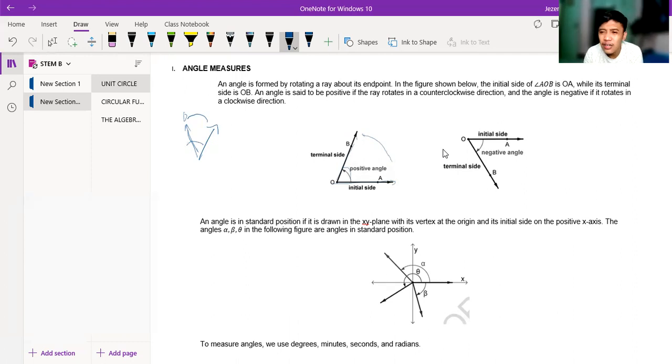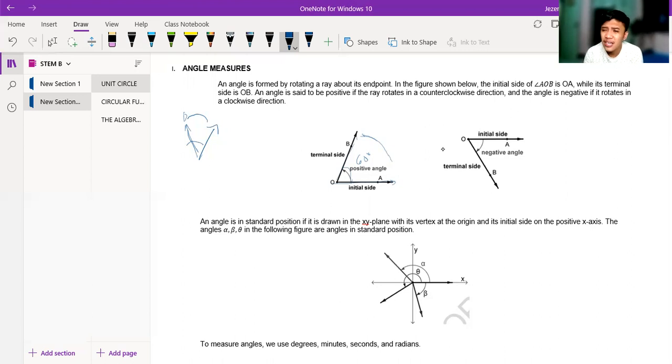Kapag counterclockwise pala, positive yung nagagawa natin. So, ibig sabihin, gumalaw siya counterclockwise, so makukuha natin ay positive angle. Let's say this is positive 60 degrees. And that 60 degrees, meron siyang corresponding radian. Okay? So mamaya malalaman natin paano nag-compute ng radian.